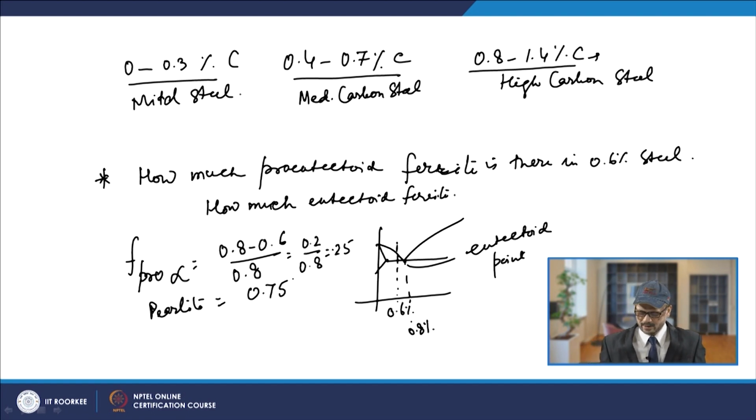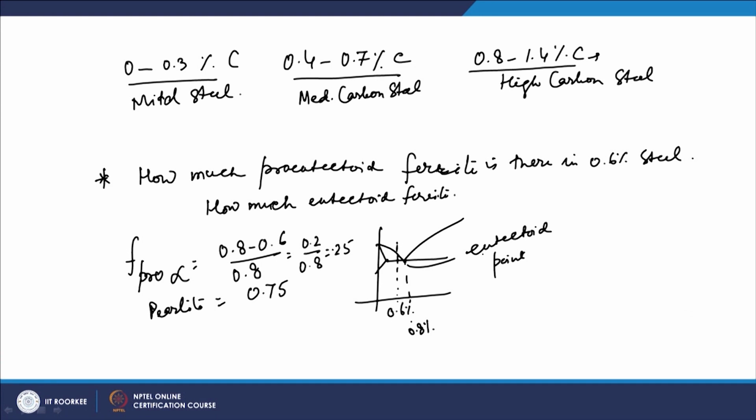You can get this amount from this point itself, because you have ferrite here and you have cementite here. Based on that you can get the amount of eutectoid ferrite.